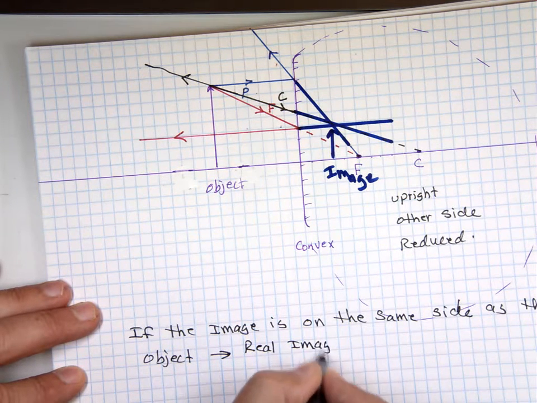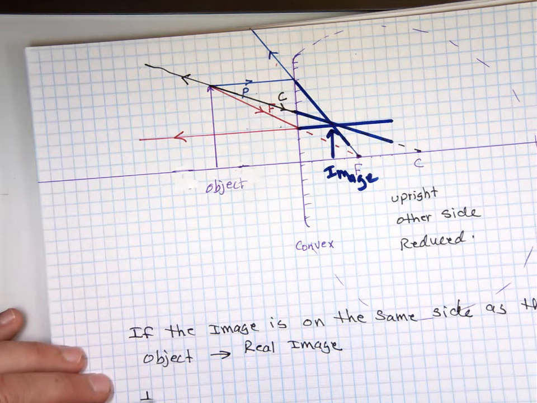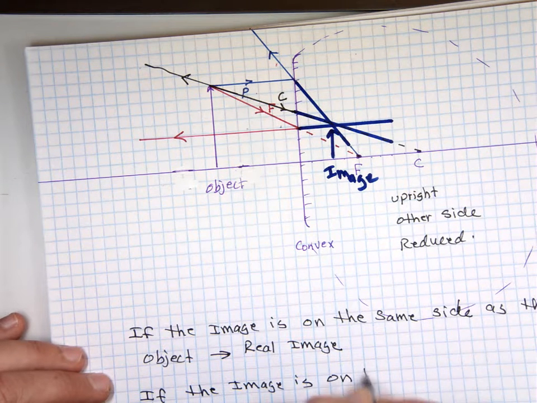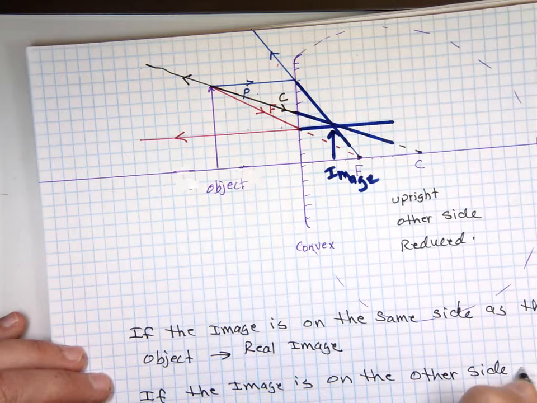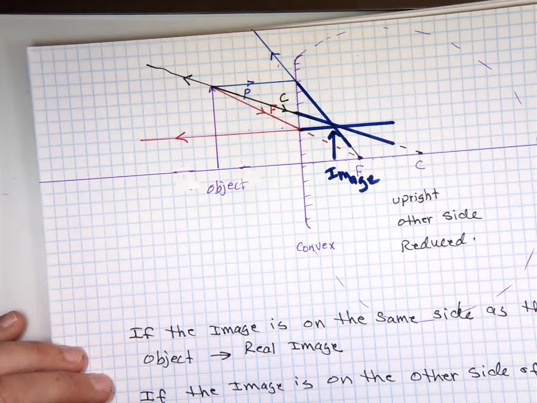And if the image shows up on the other side of the object, we call that virtual image.